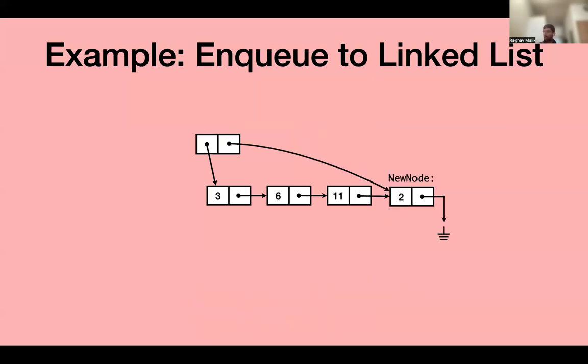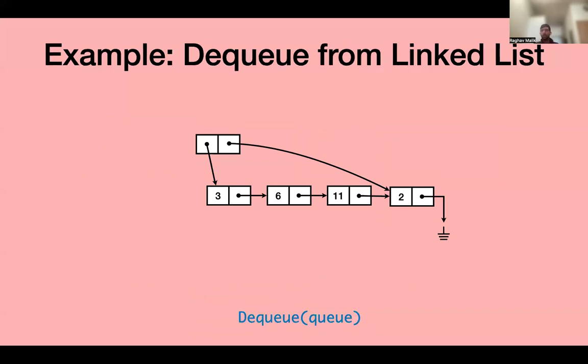I can rearrange that, and now it looks like a linked list with 2 enqueued at the back. Now if I dequeue, unlike in a stack where I pushed 2 and then I expect to pop 2, what do I expect to be dequeued?